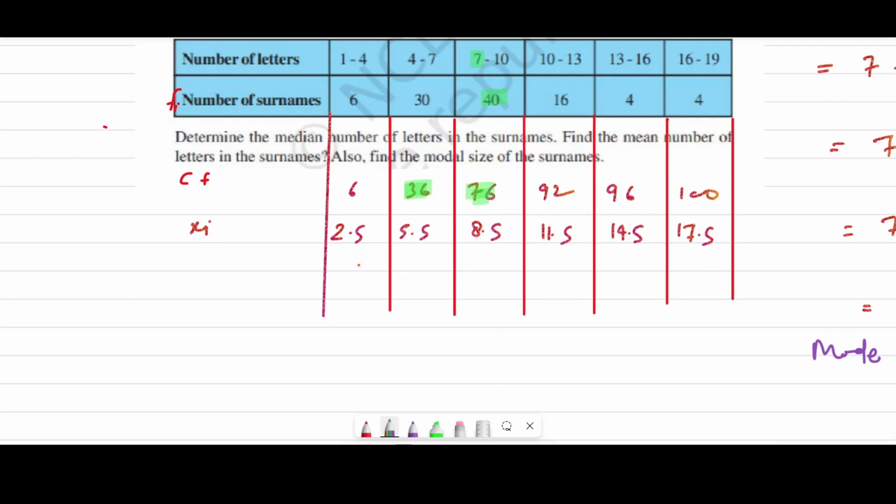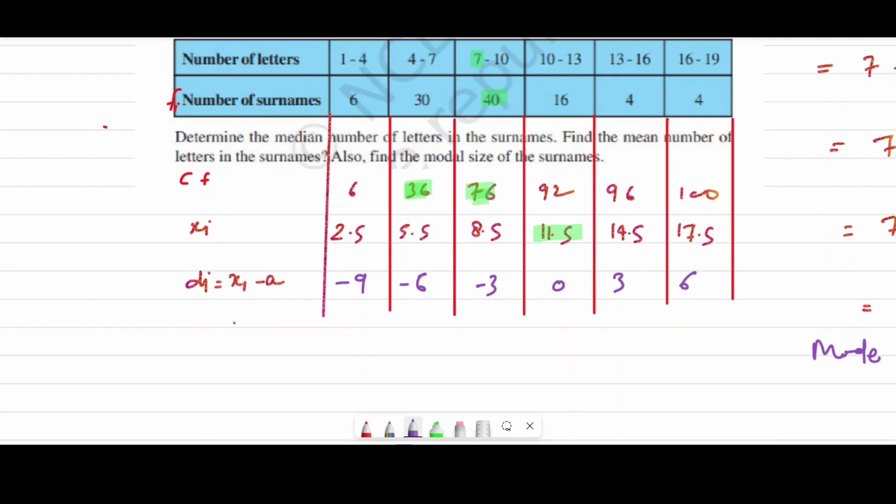Now what is the value of di? di is xi minus a. So first we should choose a mid value. We will choose this mid value. So di equals xi minus a, and if we subtract we will get minus 9, minus 6, minus 3, 0, 3 and 6.